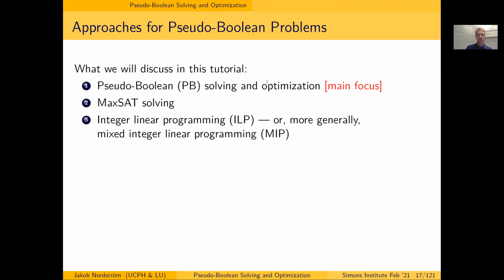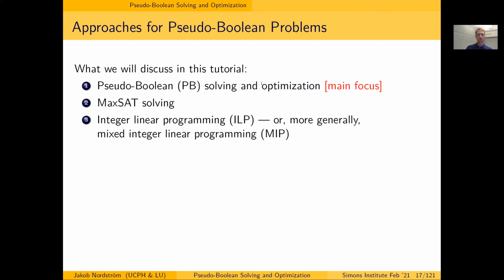What we will talk about in the rest of this tutorial is, first, pseudo-Boolean solving and optimization. Basically, we're going to start with SAT solving, and inspired by SAT solving, take these conflict-driven techniques and try to lift them to the pseudo-Boolean setting.